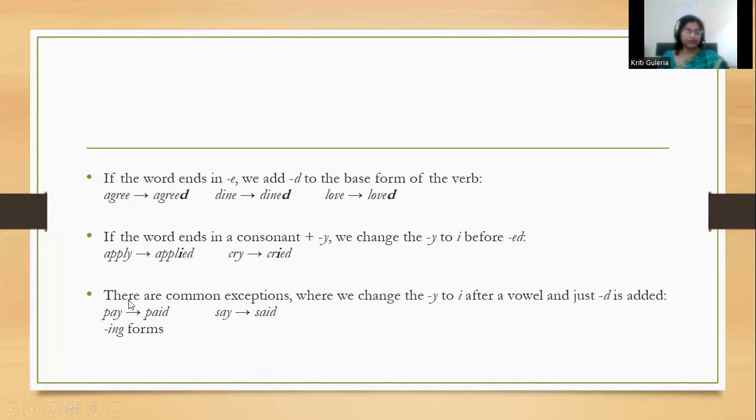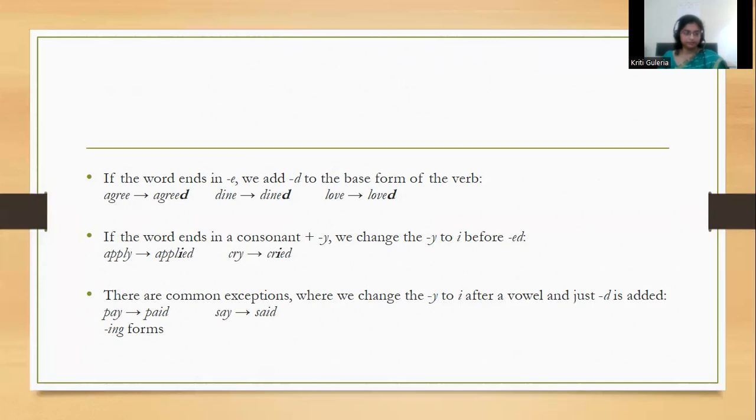After that, we also have to look into a few exceptions, where Y doesn't change into I and add ED. We can just directly add D to it. For example, pay will become paid. Say will become said, S-A-I-D.